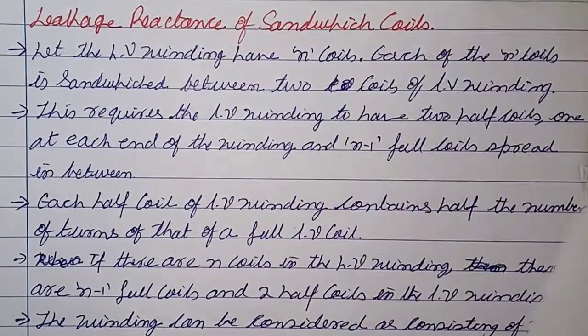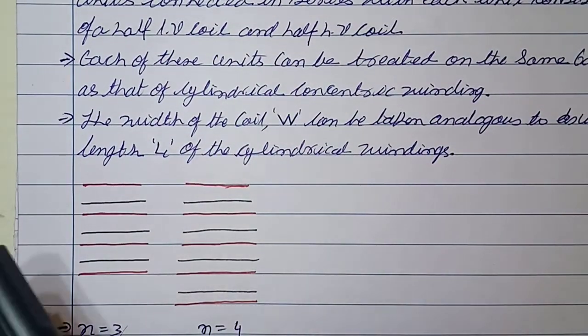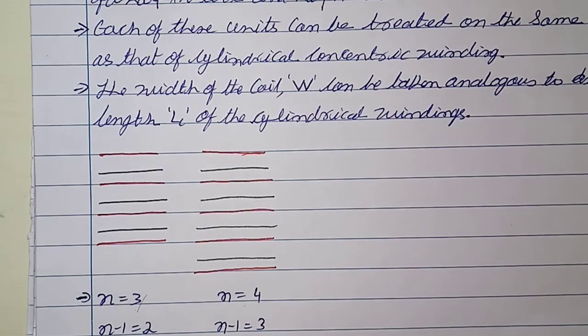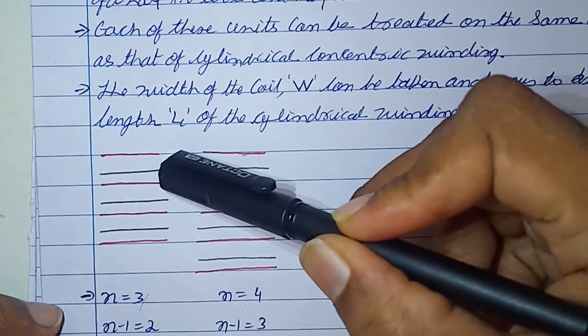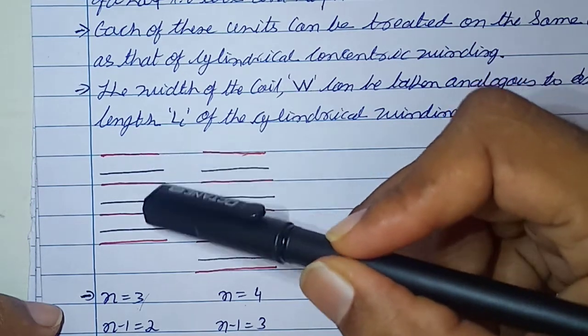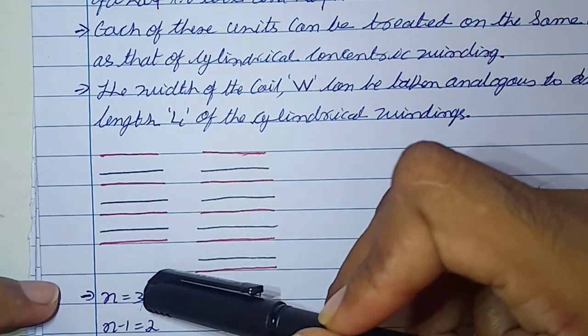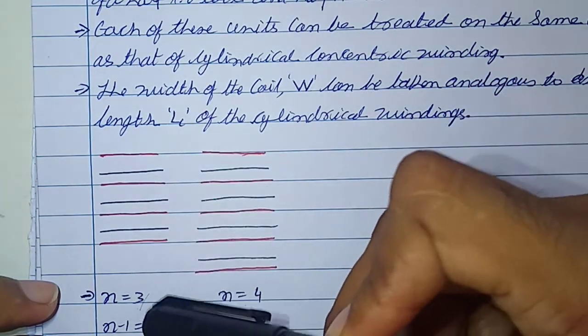In the same way, I have these examples. For example, when n is equal to 3, meaning I have 3 HV windings, these black lines represent the HV and these red lines represent the LV. I have 3, therefore I'll have n minus 1, that is 2.